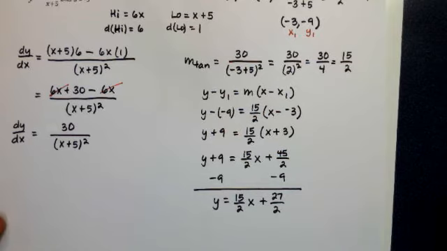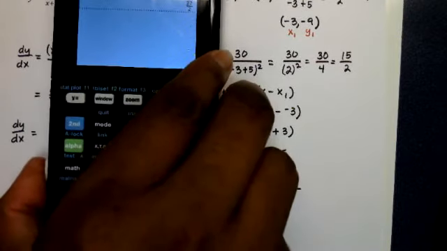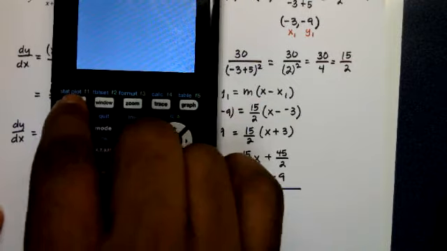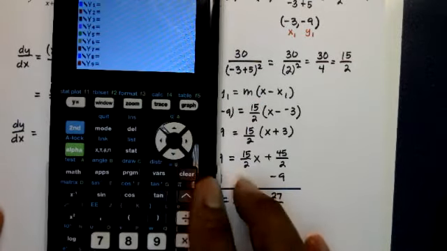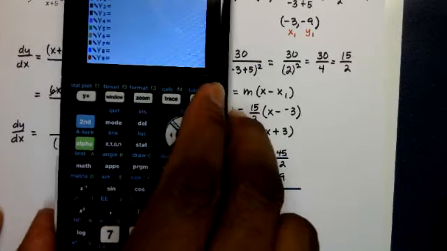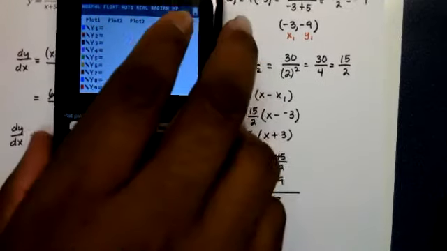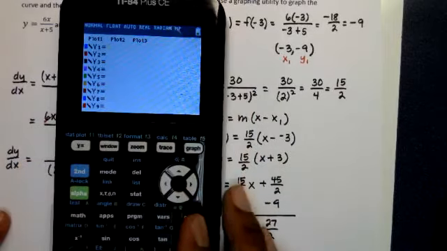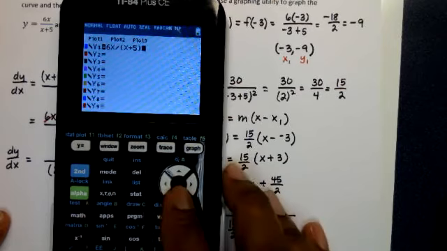Okay. Now, if we were to use a graphing utility to graph the curve and the tangent line, here's what we will do. I'll go to y equals, let me clear these equations out. And in this case here, y equals 6x over (x plus 5), I'll do this 6 and then get the x, divide that by, and then left parenthesis for x plus 5, close parenthesis.